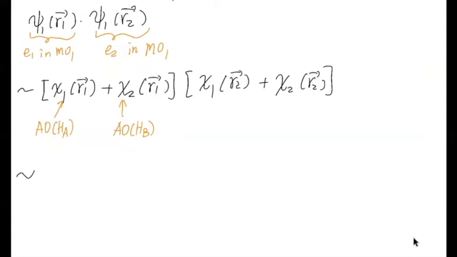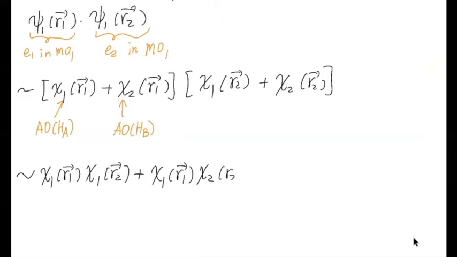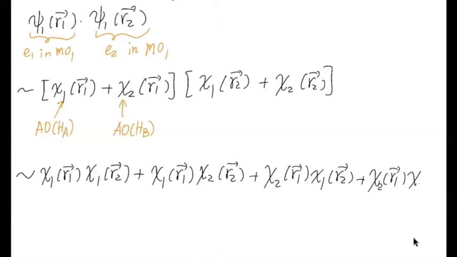This is equal to chi1 R1 chi1 R2 plus chi1 R1 chi2 R2 plus chi2 R1 chi1 R2 plus chi2 R1 chi2 R2, right?